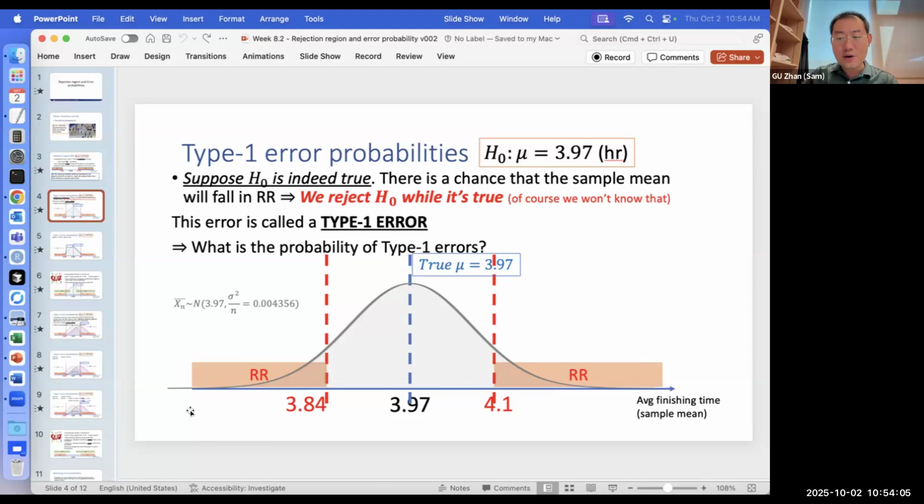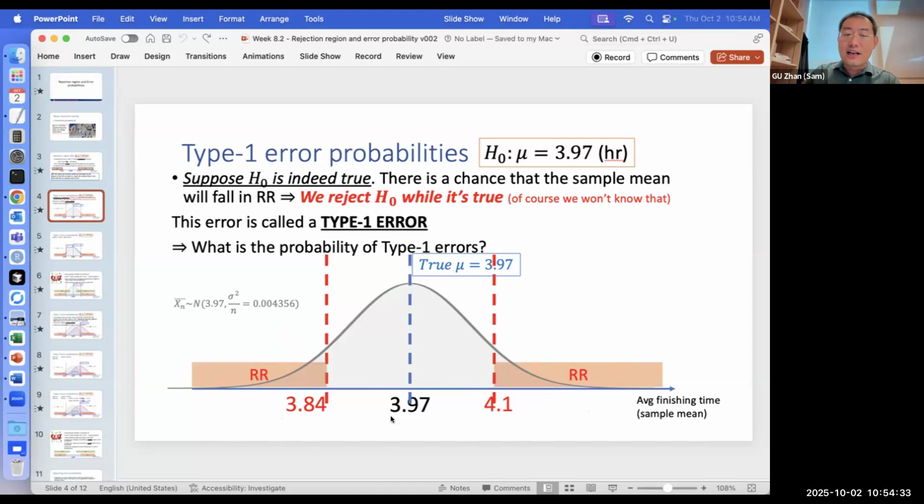It can be anywhere around this x-axis. Occasionally it will go to more than 4.1. Even though the true average hour is still 3.97, due to some randomness when you are collecting the sample, it's still possible that some average hour can go to this point and this point.